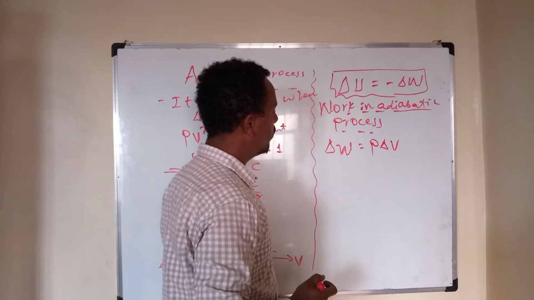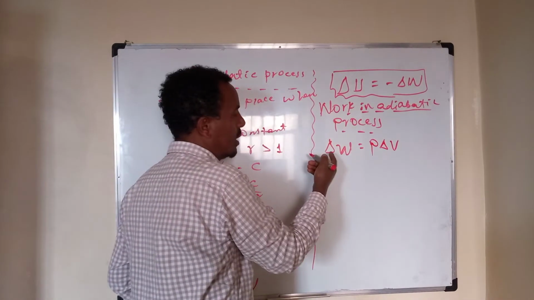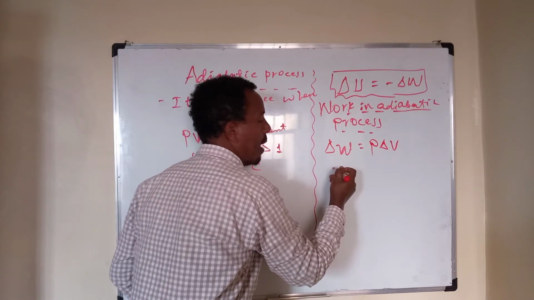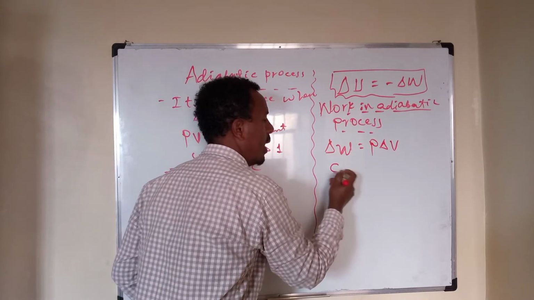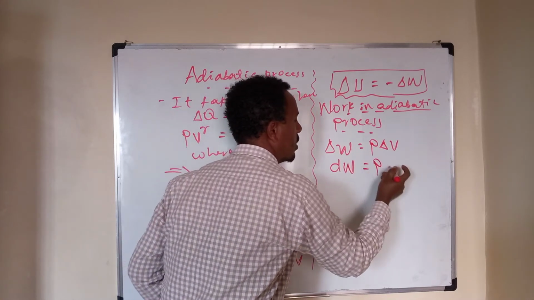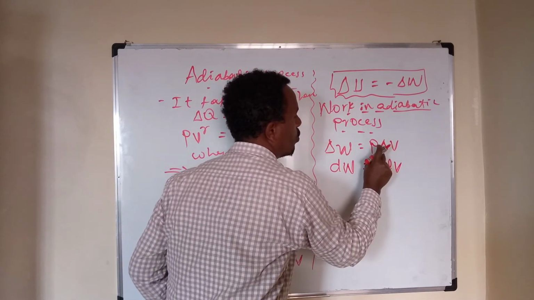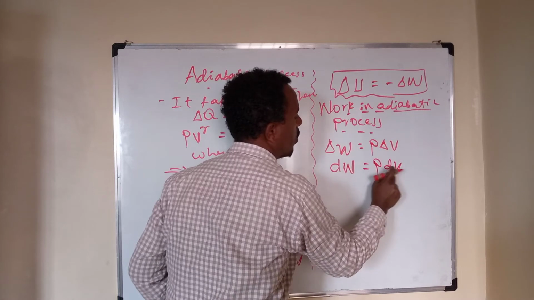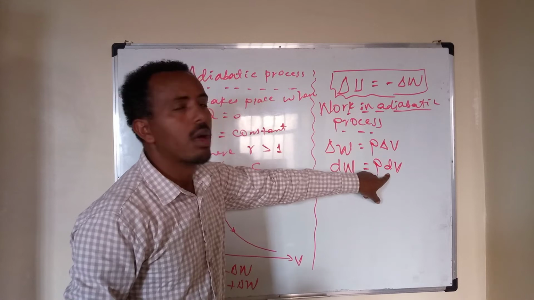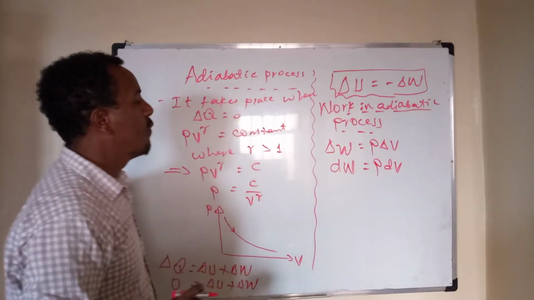Pressure times change in volume. This change in can be substituted by the derivative: the derivative of work done is equal to pressure times the derivative of volume. Change in volume is equal to derivative of volume, a small change in volume.